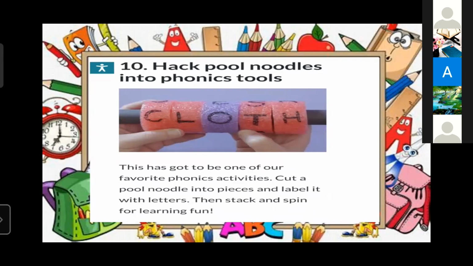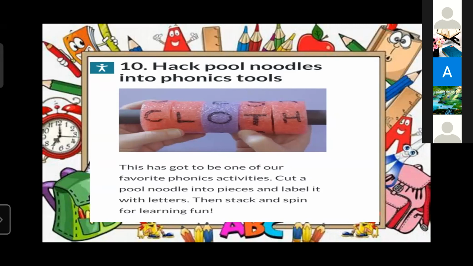So you can divide them into circles and put them over a plastic stick or a wooden stick as you like, and you write different sounds on each circle, and you can ask the learners to form words from these ones. It's like the wheel, but in a different way. Got the idea?